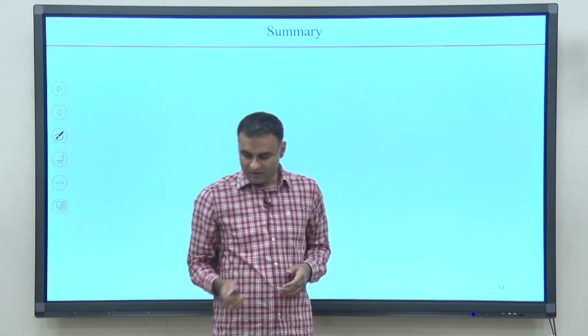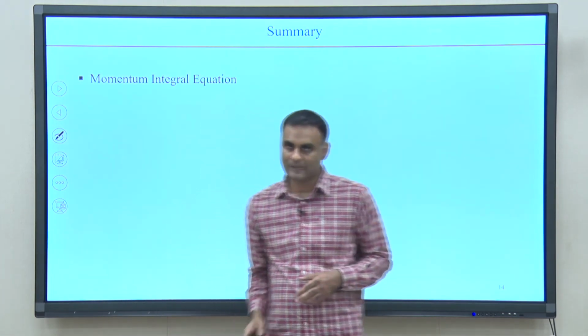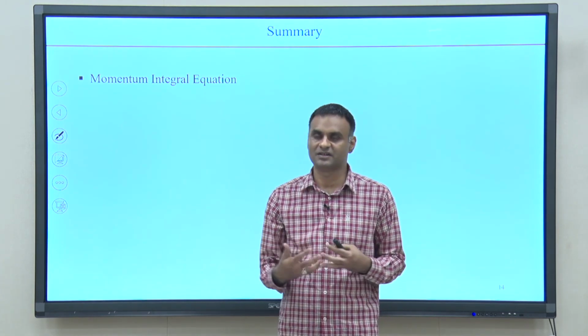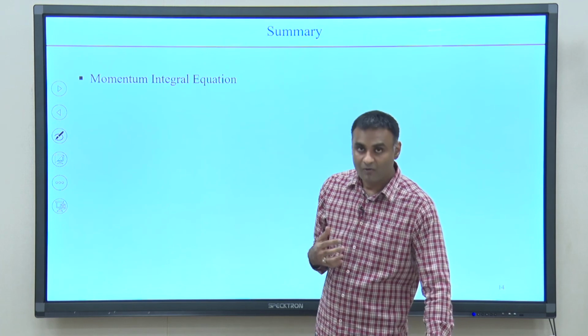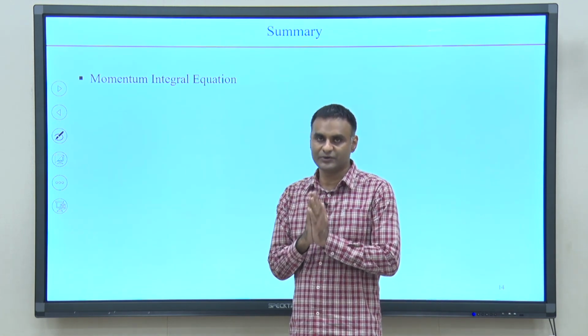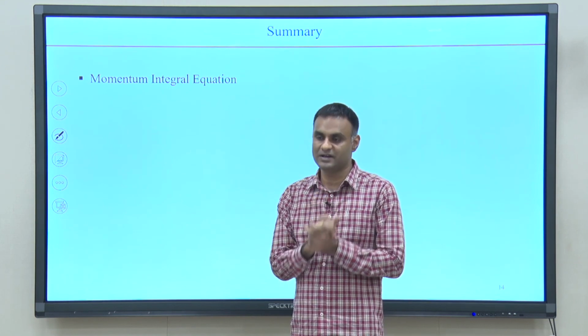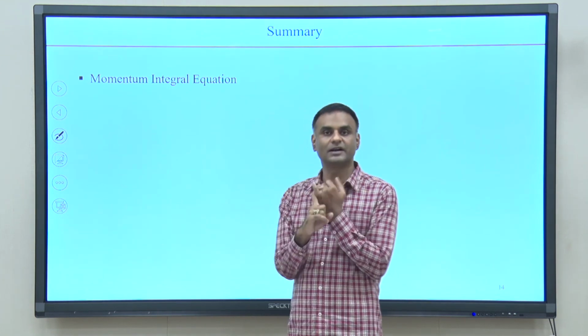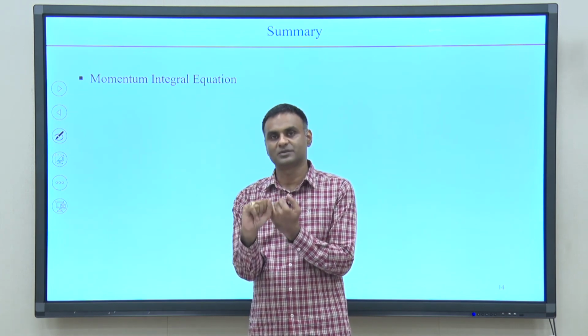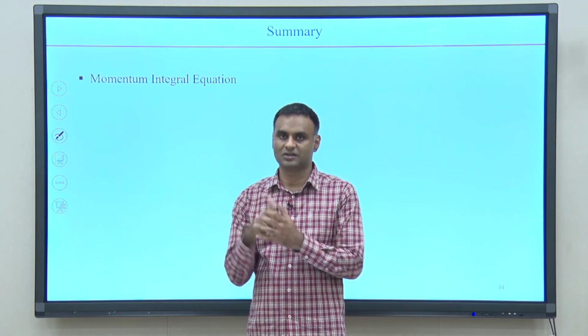So, in summary, what we have done today is we did a lot of substitution, integration, differentiation, but what we did today is derive a momentum integral equation. So, we considered a steady 2-dimensional incompressible boundary layer in Cartesian coordinates.